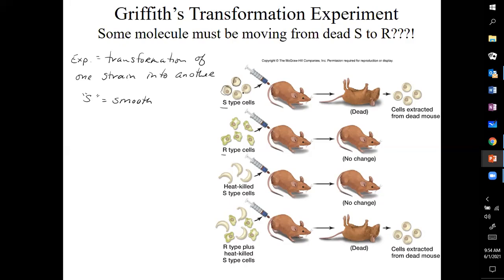And so when this is injected into mice, this smooth strain of bacteria gets into the lungs of the mice, and the immune system can't recognize it because it's got this lipid coat. So it causes pneumonia in the mice, and the mice die. Sorry for the graphic depiction here. So the smooth strain, when injected into mice, causes pneumonia in the mice and ultimately death.